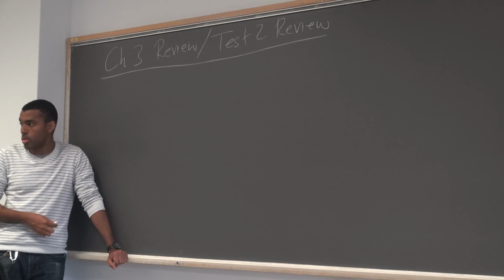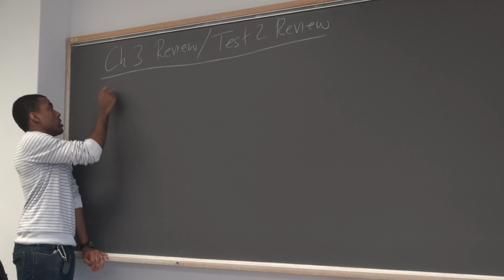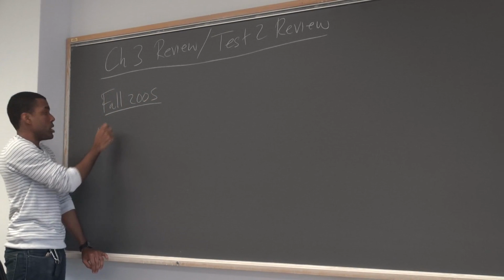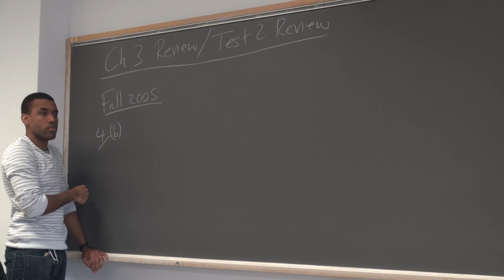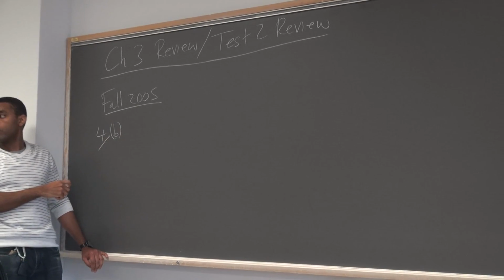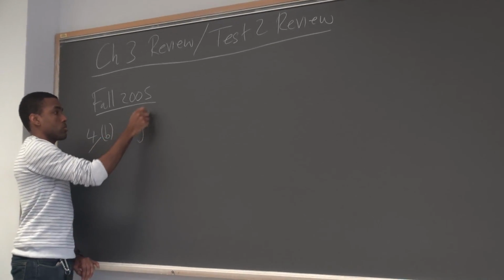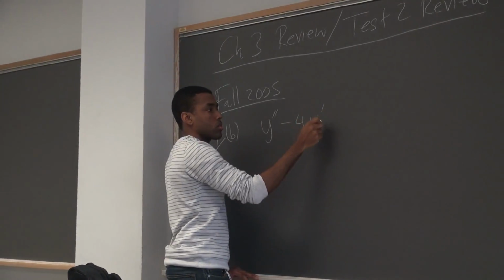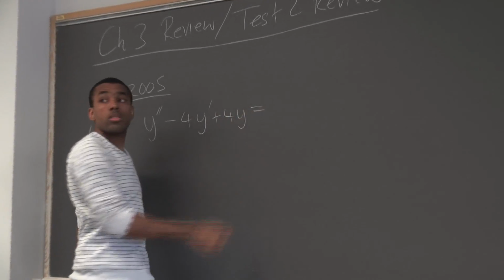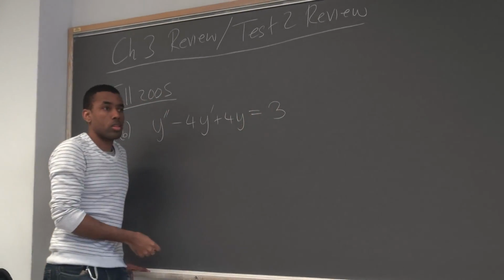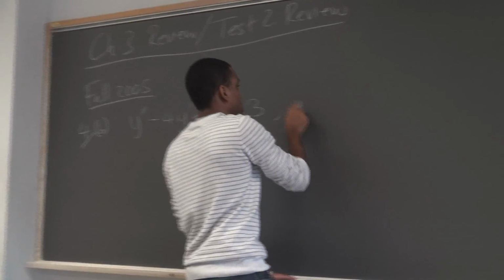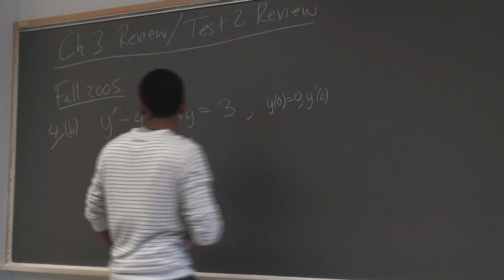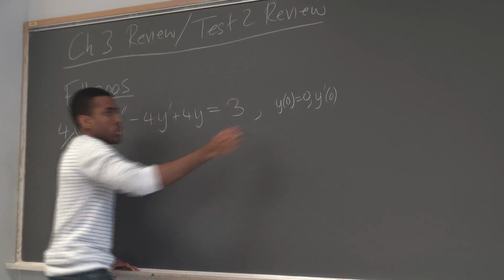Okay. Fall 2005, Problem 4B. The question is: the second derivative of y minus 4 times the first derivative of y plus 4y equals 3, and the initial conditions are y(0) = 0 and y'(0) = 1.